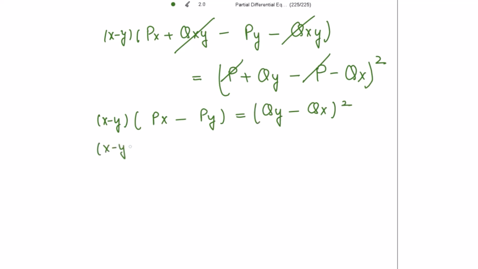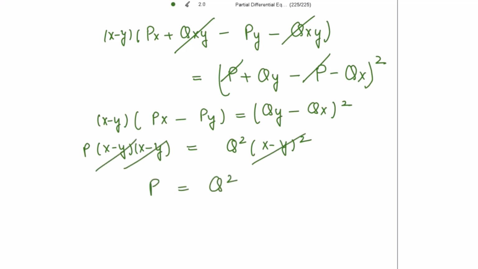So x minus y, taking p outside, here also I'm getting x minus y equals to, if I take q outside, it is q square, and I can write this as x minus y whole square also. So these cancelled out, and we have p equal to q square. That's it. So our equation becomes p minus q square equal to 0.